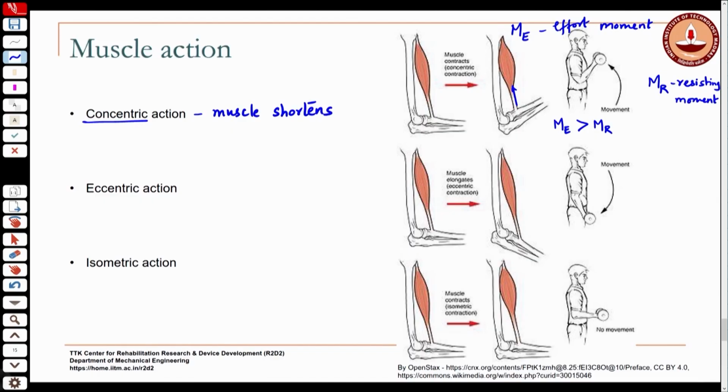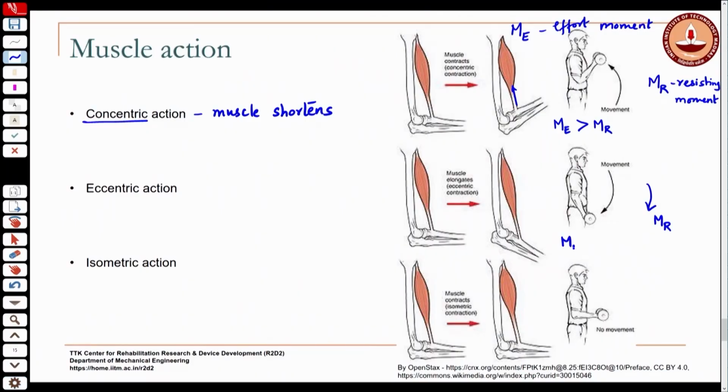Sometimes, in the next case, you have the resisting moment acting like this. If you have a weight and I did not have the muscle, what would happen? It would just go down like that. There is no resistance to it.